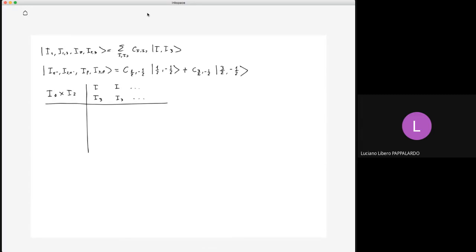In the first column we have the two values of the third component, and possibly other values here. And what we have in this last sector is what you need. So these are plus or minus the squared Clebsch-Gordan coefficients.